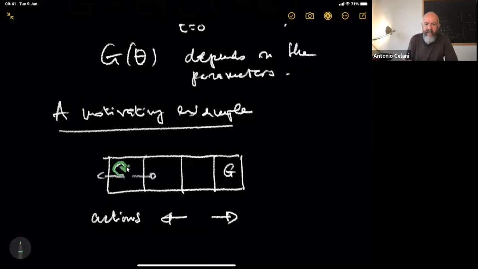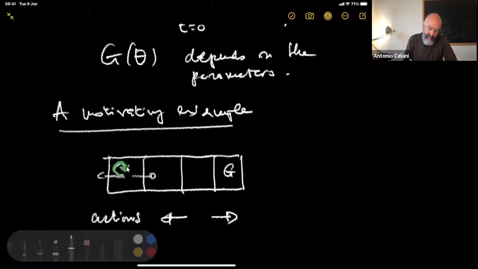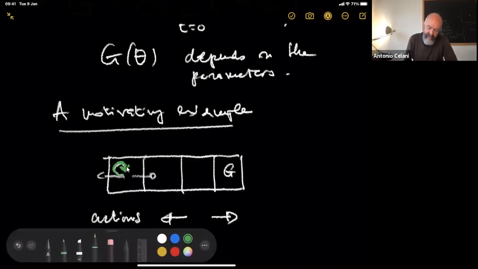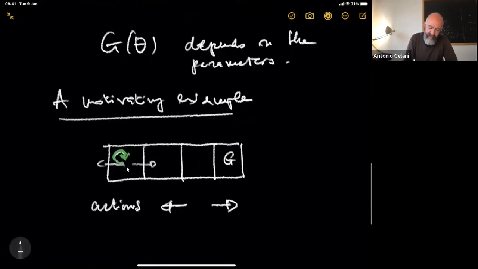Okay. So remember that actions always express the intention of the decision maker. So in this case, if it's in the leftmost state, it wants to go to the left, but eventually it stays in place, which mathematically speaking means that if you wish, let's label these states 1, 2, and 3.